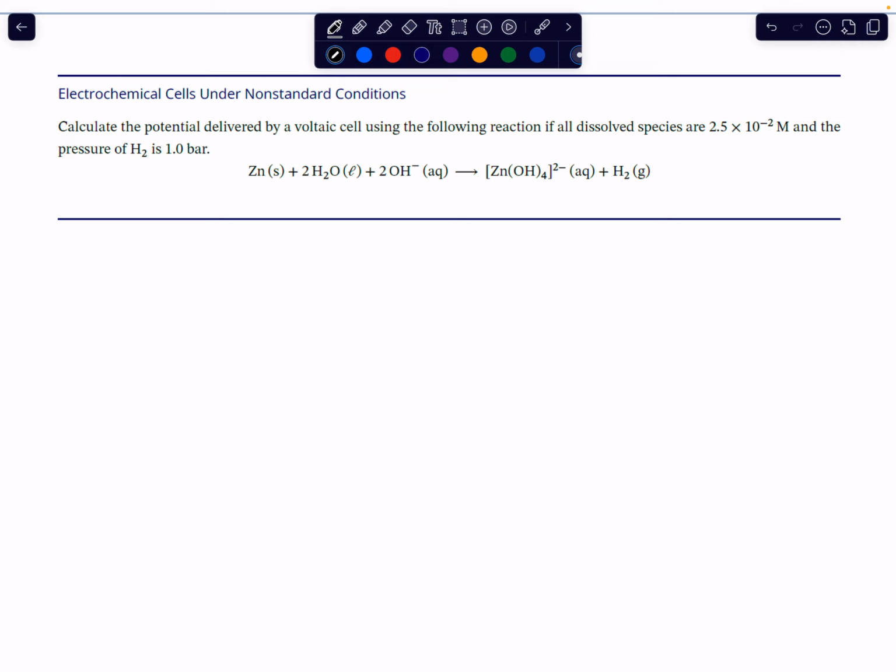Alright, so the first step of course is to figure out what are the half reactions that give this full reaction equation.